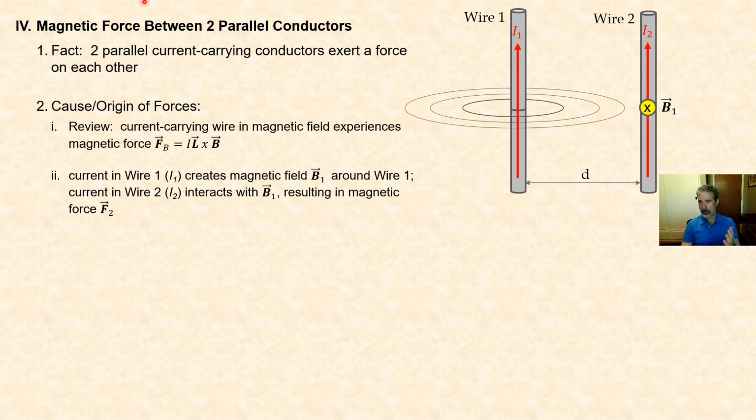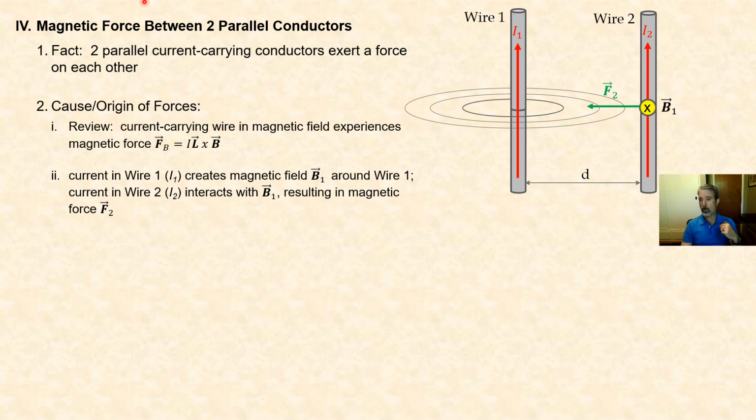So knowing the direction of the field at wire 2, knowing the direction of the current in wire 2, we can now describe the magnetic force on wire 2 using the right-hand cross product rule. It would be this. Make sure you apply these two right-hand rules here to see that this would be the direction of the magnetic force when you apply the rule IL cross B.